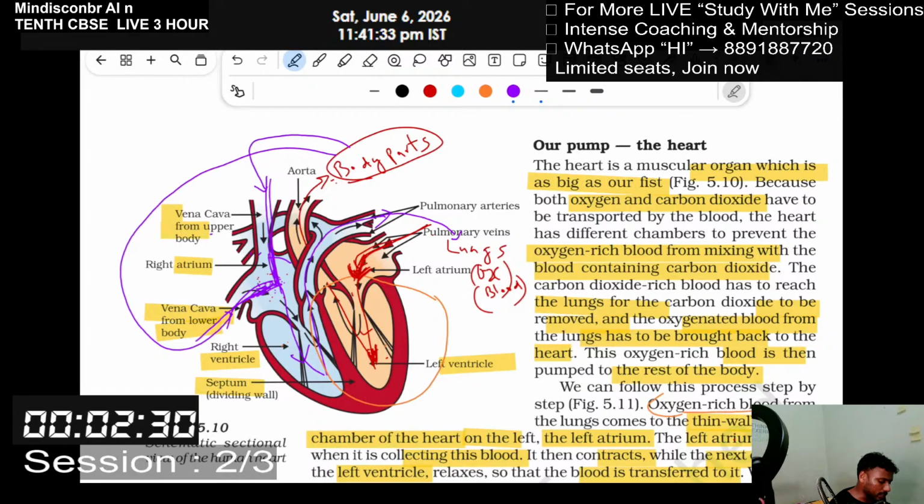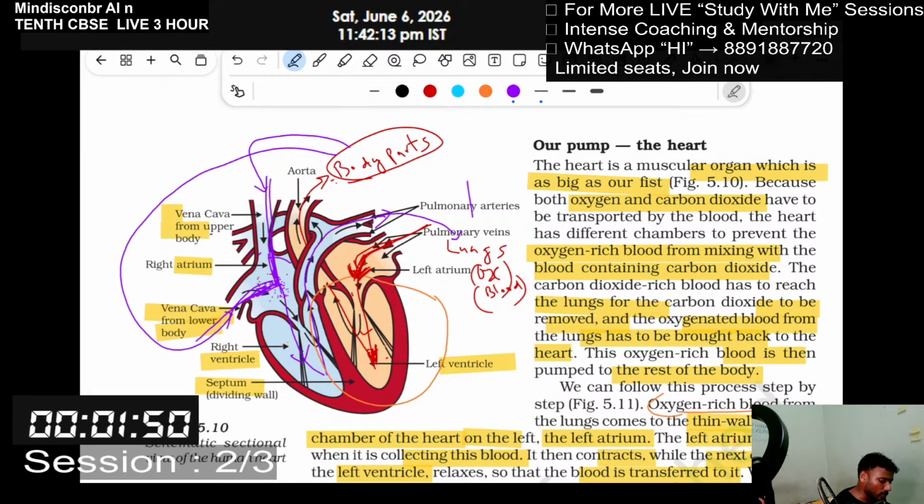this contracts, and as a result blood flows from the right ventricle through the pulmonary arteries to the lungs for the purpose of removing carbon dioxide from that blood and making that blood oxygenated. And in the span of time when here will be empty, or the contraction takes place, this will be relaxed, and at that time blood from other parts comes to the right atrium, and then the right atrium contracts and the right ventricle relaxes.